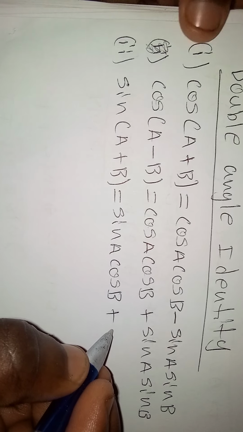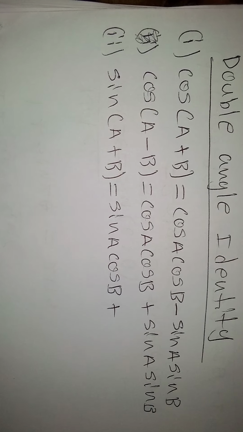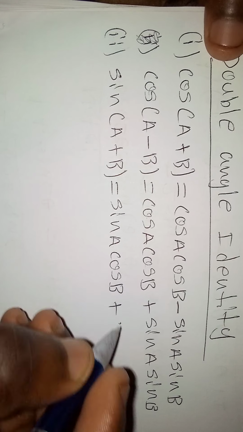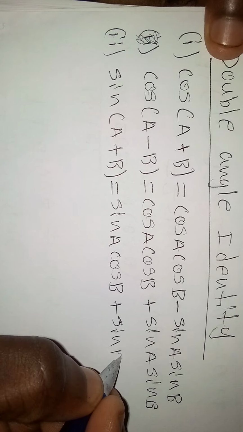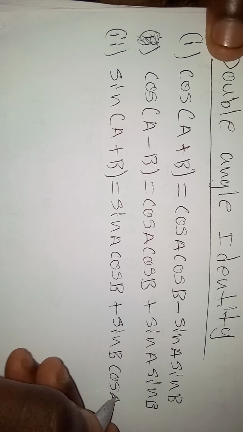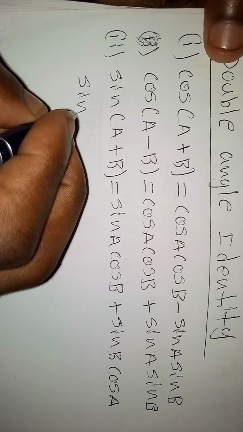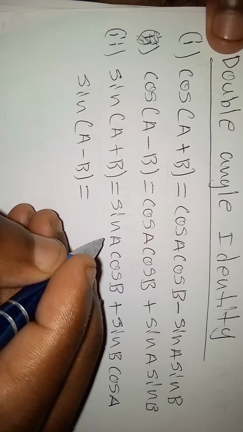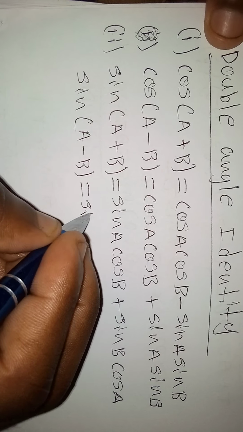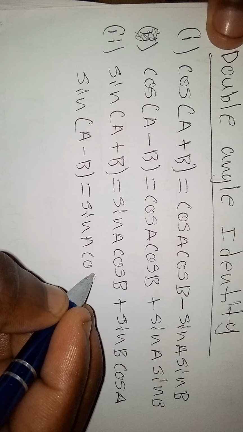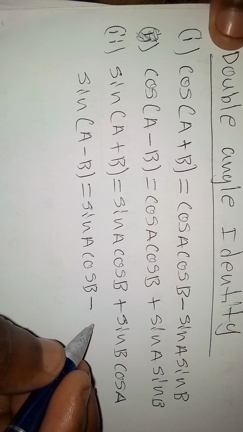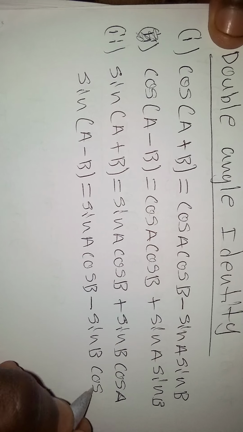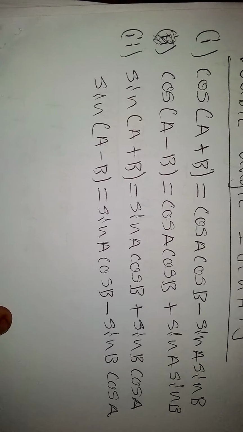So sine A cos B, then sine B cos A. If there's a minus in between, for sine A minus B, this becomes sine A cos B minus sine B cos A.